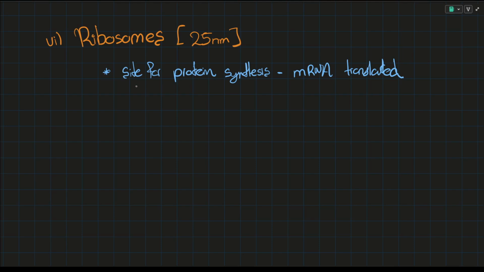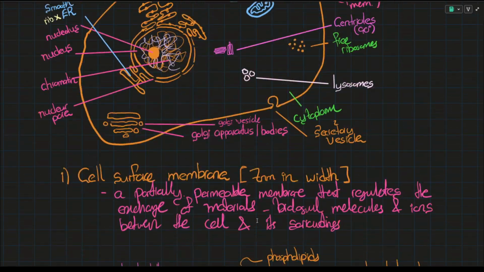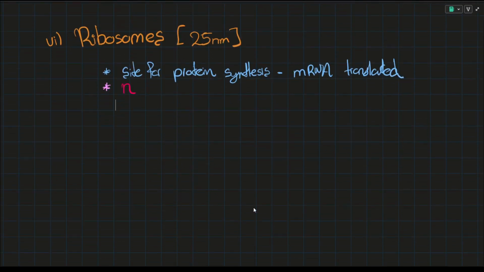So simply speaking, you know that ribosomes translate mRNA, and here I'm going to give you a very important point in red color. Ribosomes do not have a membrane. Everything we discussed had a membrane: the mitochondrion, the nucleus, and the cell surface membrane itself. But ribosomes are one of those things that do not have a membrane.